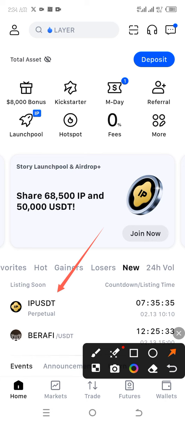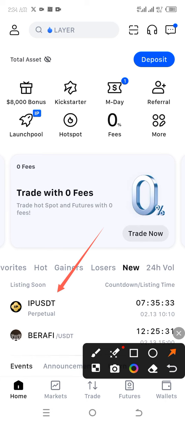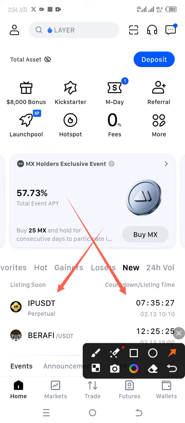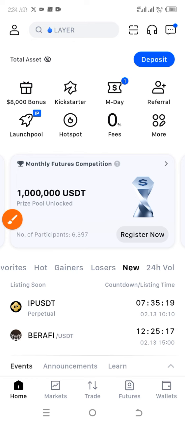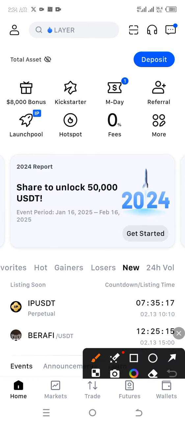So now, let's assume this coin is being listed and it is almost maybe 2 minutes before they list it. All I need to do is to position myself, and what I do is come right away to futures trading, which is here.